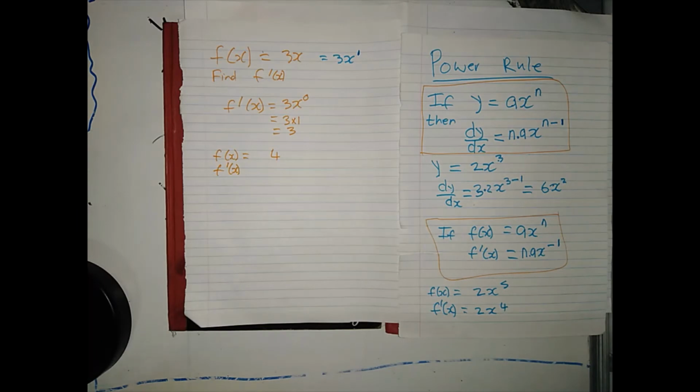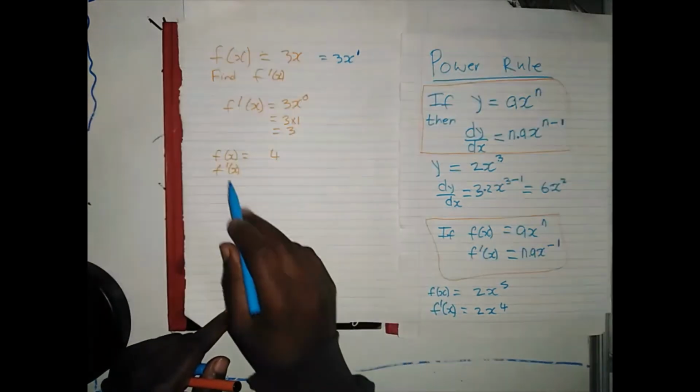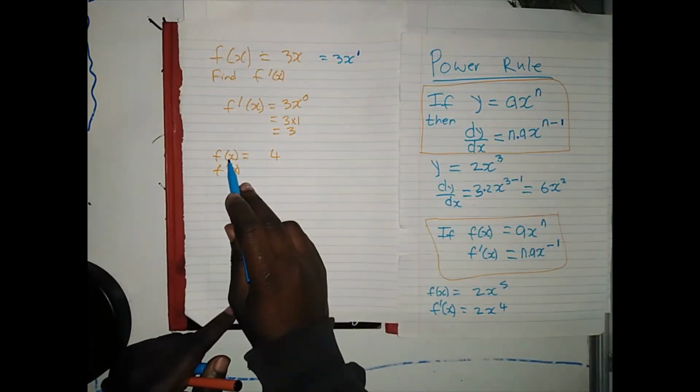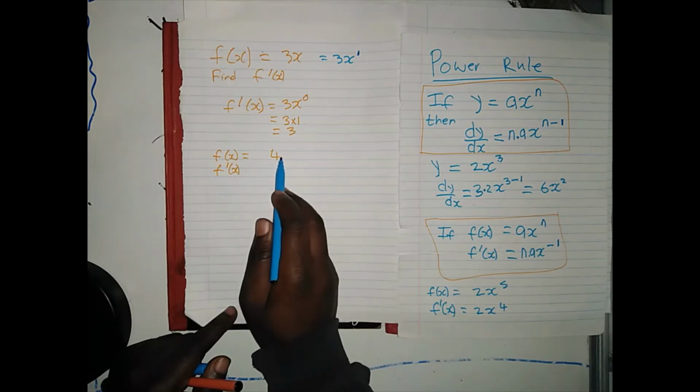What do we do in this case? There is something that I want you to notice. Now, this is in terms of x. So f(x) is equal to 4.